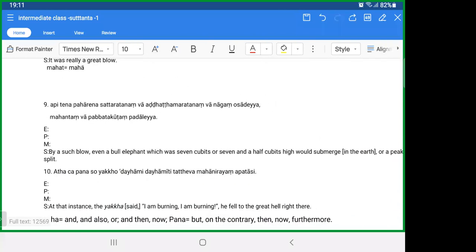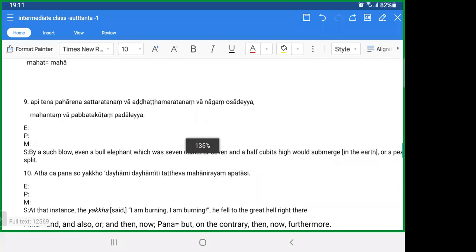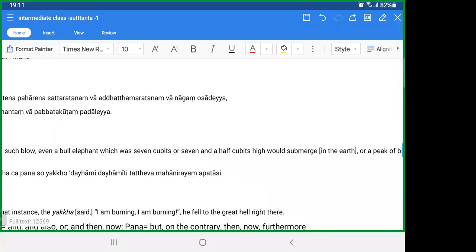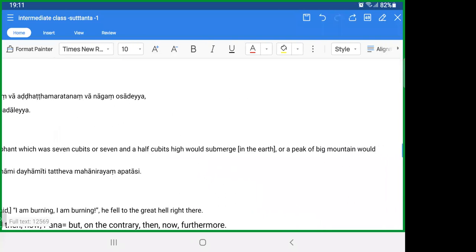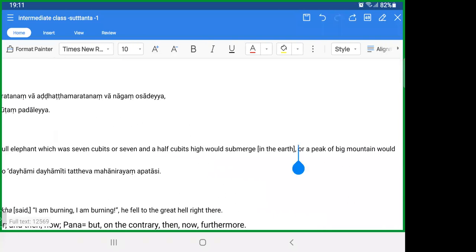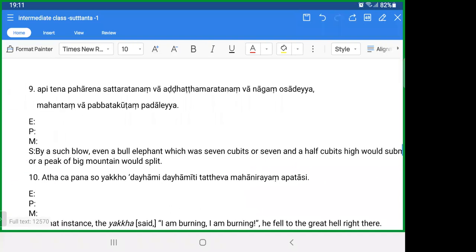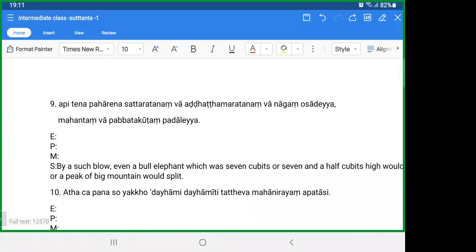Just understand that by such a blow, even a bull elephant, a big, very strong elephant seven or seven and a half cubits high, would be submerged in the earth, or the peak of a mountain would split. As I told you all, we need to do the English or Pali or meaning, whatever you understand.